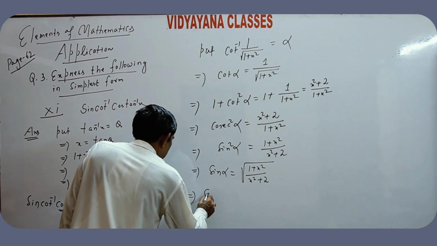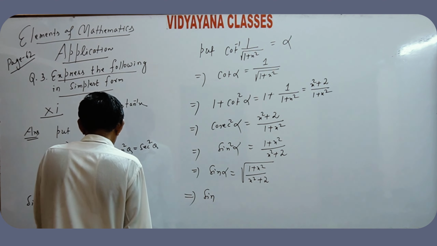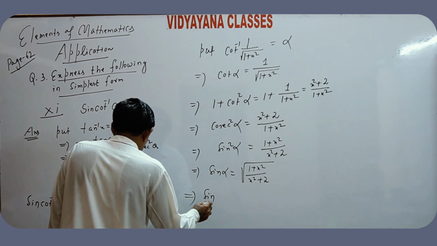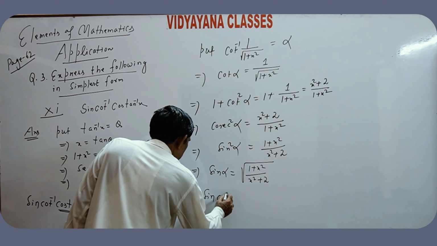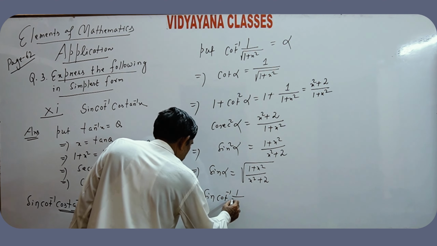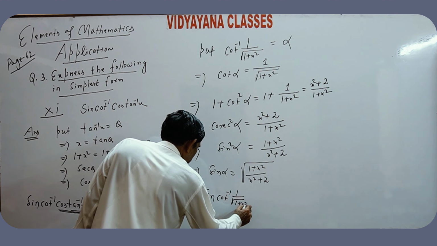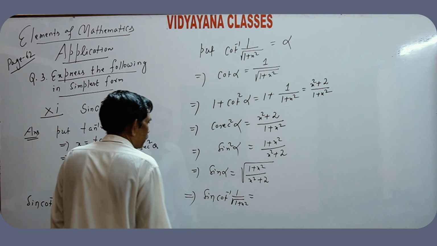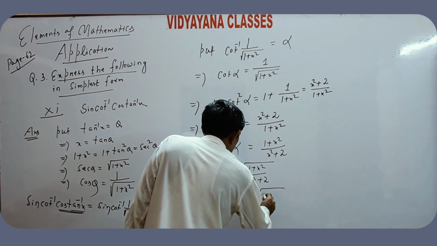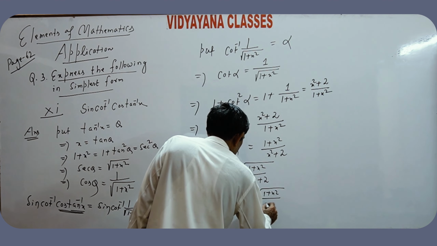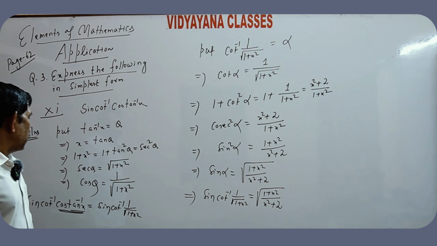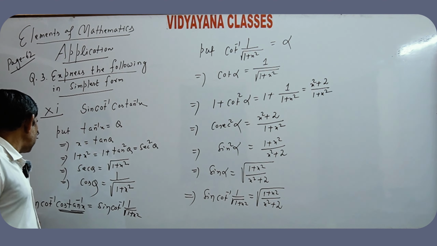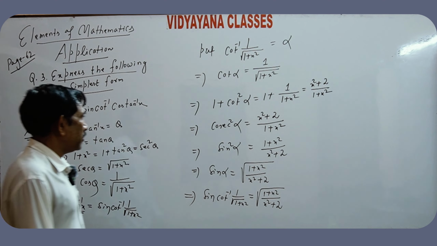Alpha means it is taken as cot inverse of 1 divided by root of 1 plus x square, and sin alpha is equal to root of 1 plus x square divided by x square plus 2. But this result is the same as this result.